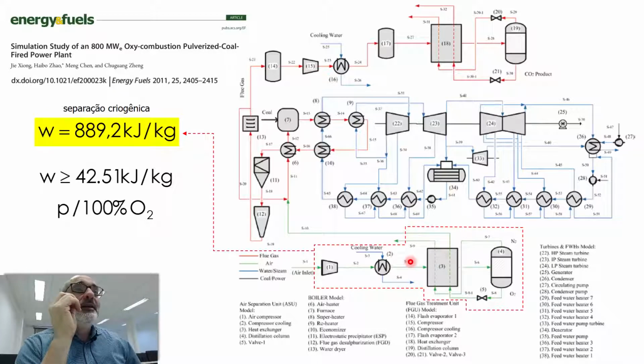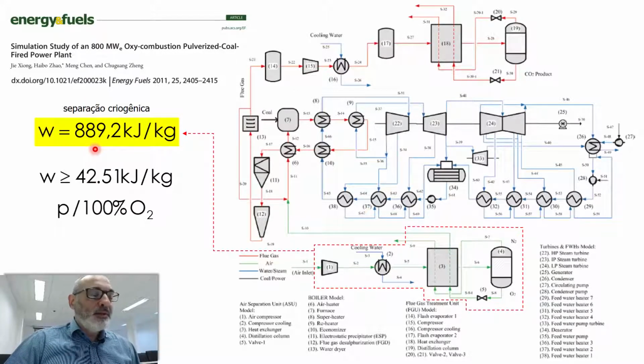No, I'm not concerned with these, what I call details, because the idea is just to get these big numbers here. You see that today's technology spends at least 20 times more than the minimum amount of energy. This means that there's a lot to be done, because we can achieve 42, but we are consuming 889.